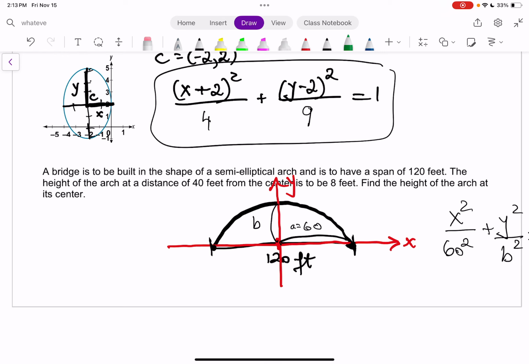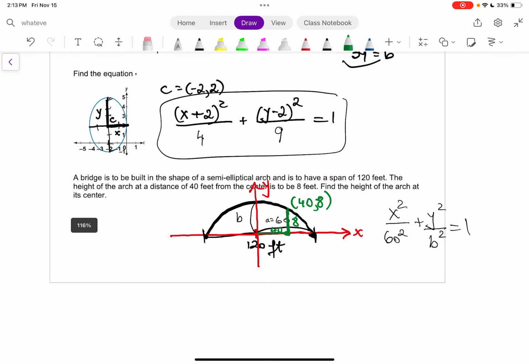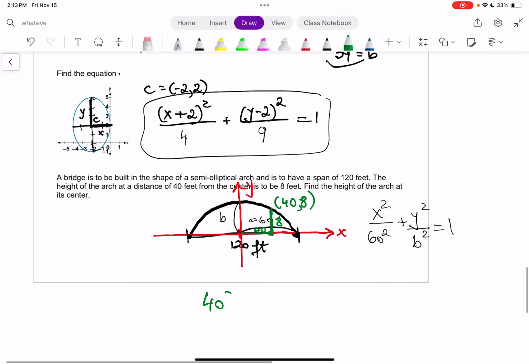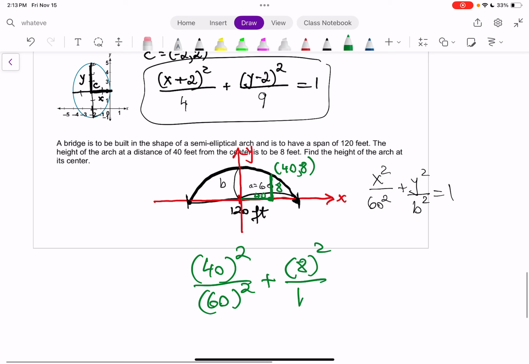It says if you are 40 feet from the center, the height is 8 feet. So in other words, the point with coordinates 40 for x and 8 for y satisfies this equation. So that's how we'll get to B.